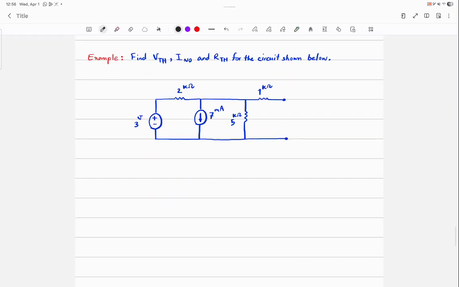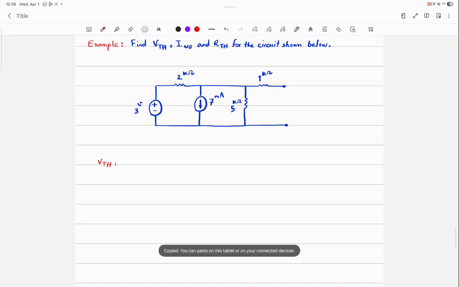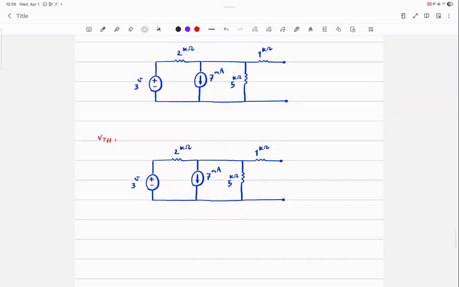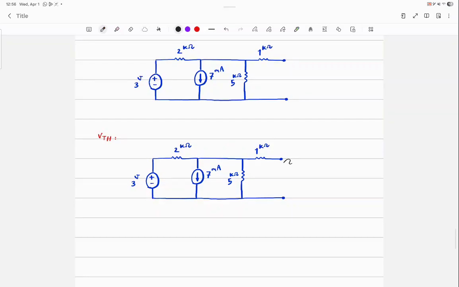Okay, next example. Find VTH, INO, and RTH for the circuit shown below. Let's first go for VTH. So here is your VTH.